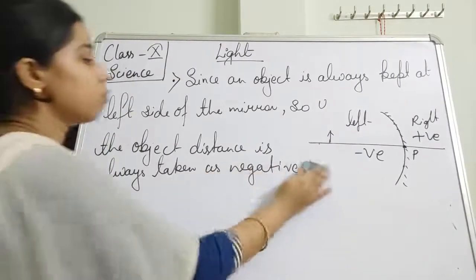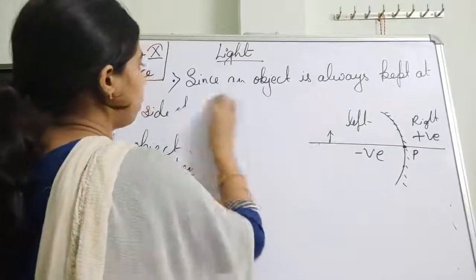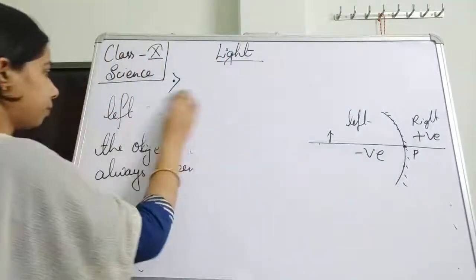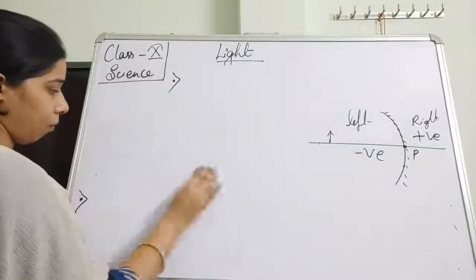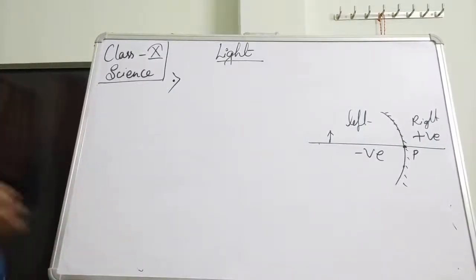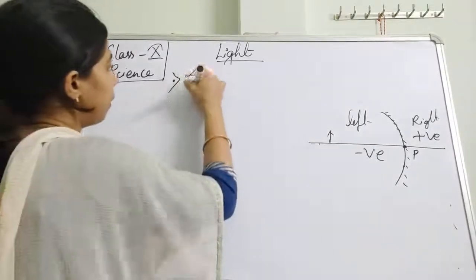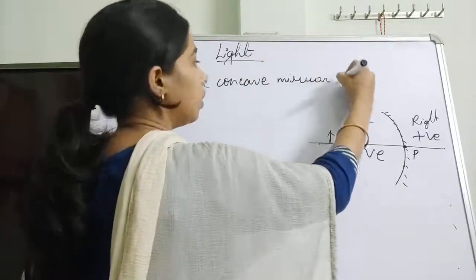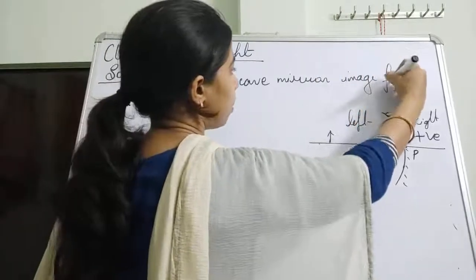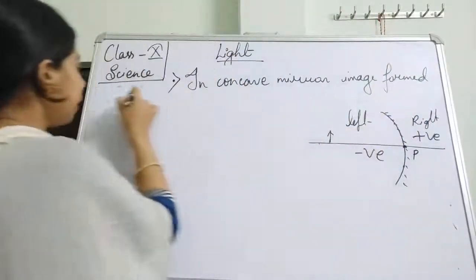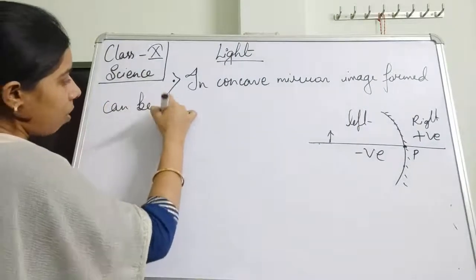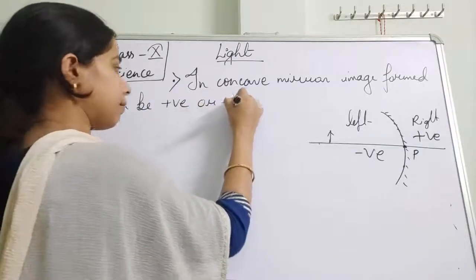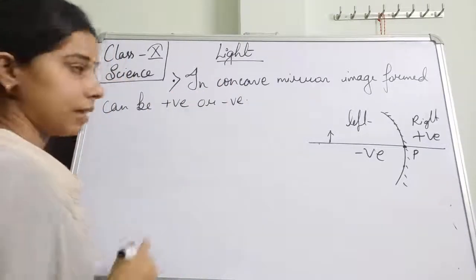I hope you have understood. So let me rub it. So we can write that in a concave mirror, the image formed can be positive or negative.